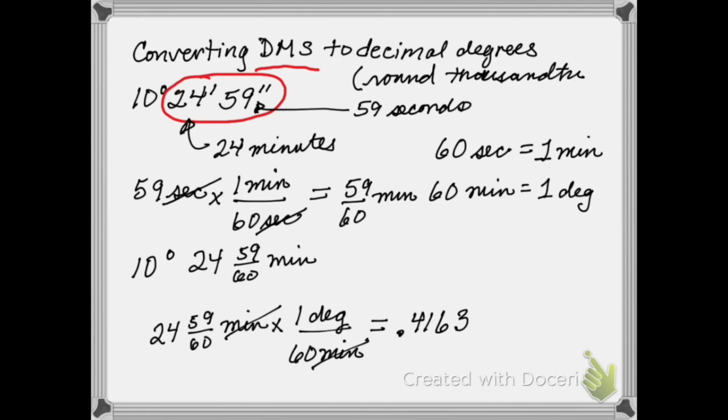And I have my units here that I didn't say anything about. It's degrees, right? So that's 0.416 degrees. And this 0.416 degrees is going to take the place of all of this 24 minutes and 59 seconds.